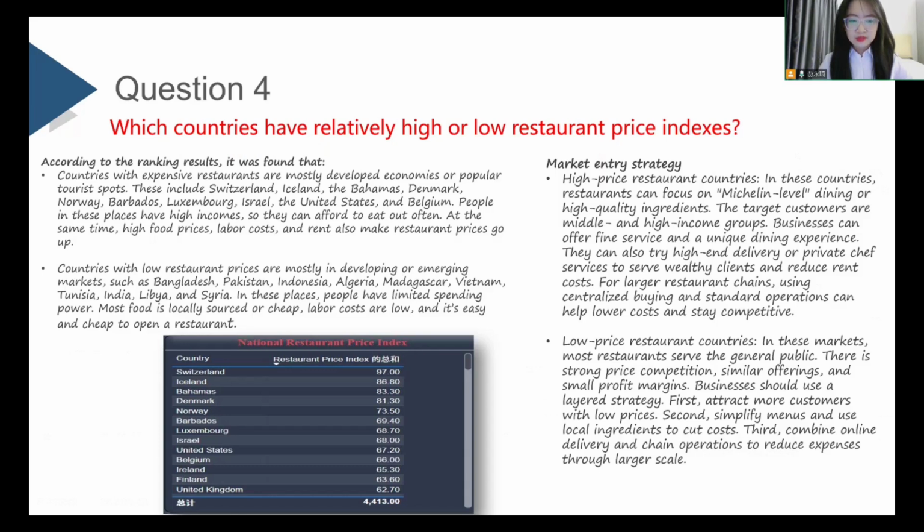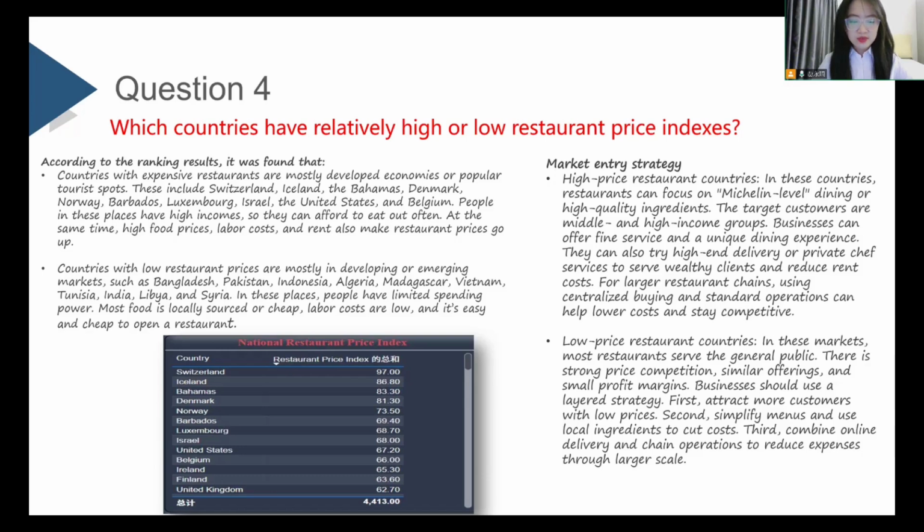Low-price countries, meaning developing areas or emerging markets, such as Bangladesh and India, have less money to spend, and local costs for food and labor are lower. Market entry strategies are as follows.